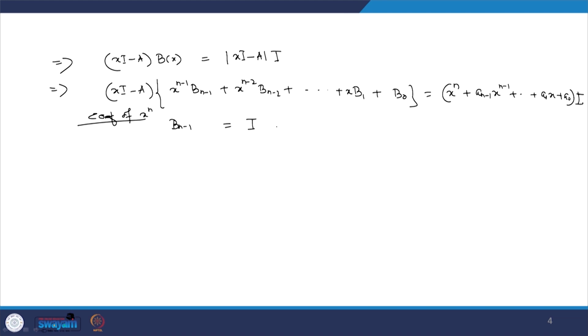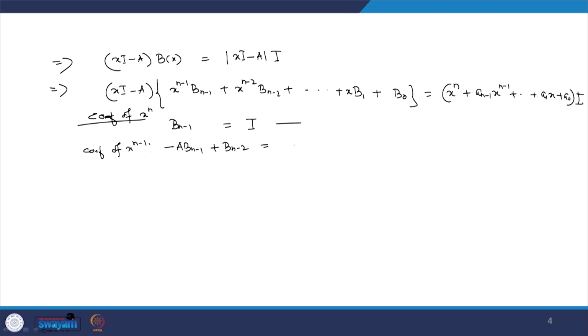This is the first equation. Now, the coefficient of x to the power n minus 1. The coefficient of x to the power n minus 1 I am getting as minus A B_{n-1} plus B_{n-2}.